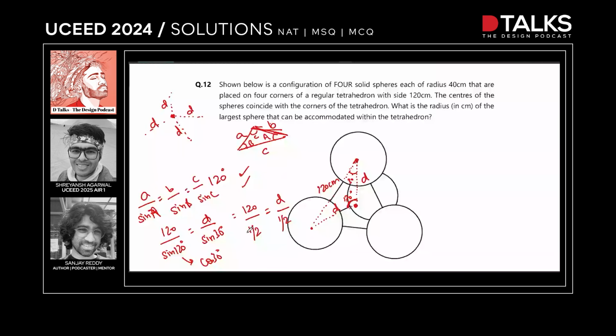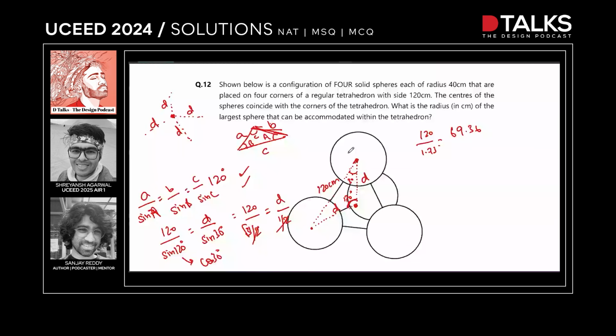My bad. Cos 30 is root 3 by 2. Then you just use this. So d would be 120 divided by root 3, which is 120 divided by 1.73, 69.36. So that is the value of d.